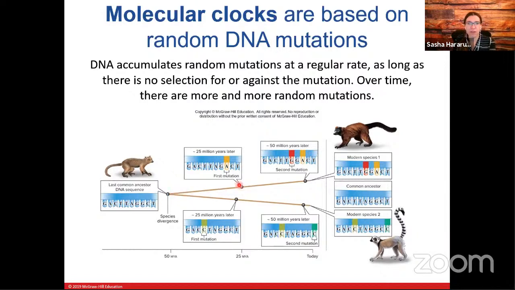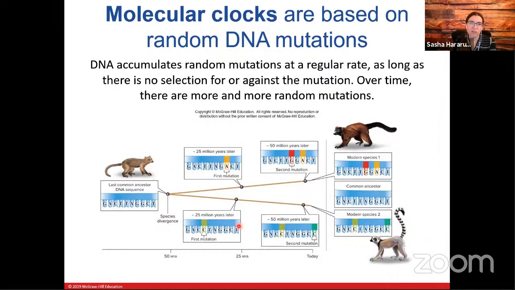Let's say there was a random mutation in one nucleotide, and this random mutation happened after 25 million years, and after another 25 million years there was another mutation in the genome of the common ancestor, and that led to species A, and two other mutations over 50 million years led to species B.